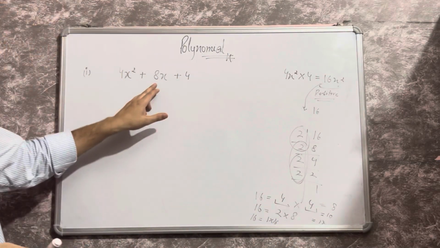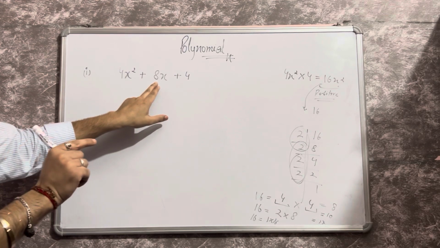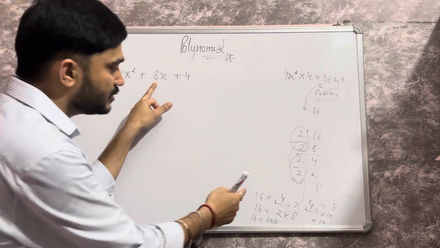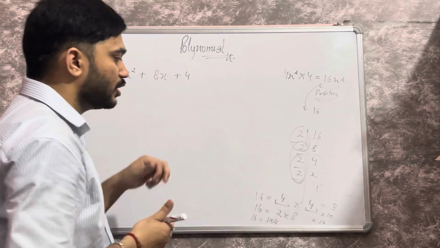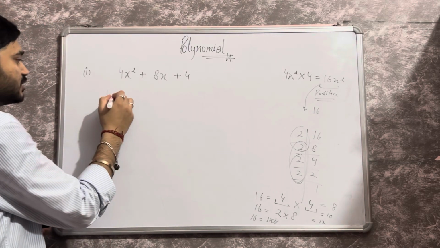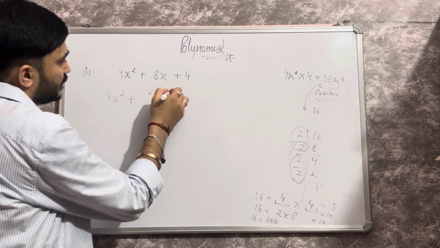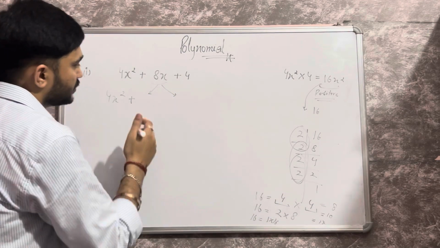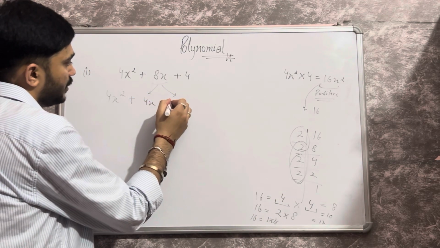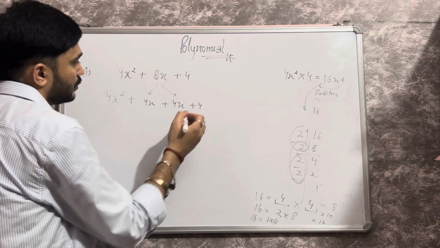In which case, after adding both the numbers, do you get 8? That is the first case, that is 4 into 4. So you are going to write the first term as 4x square, and this 8x is going to be split into two terms, that is 4x plus 4x plus 4.